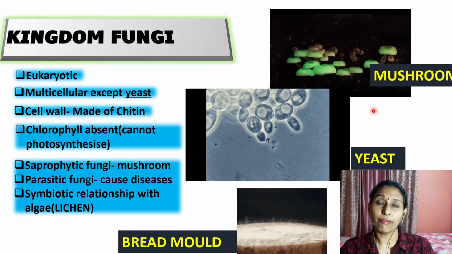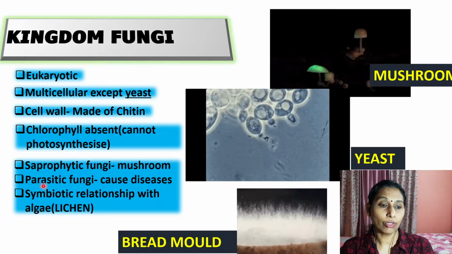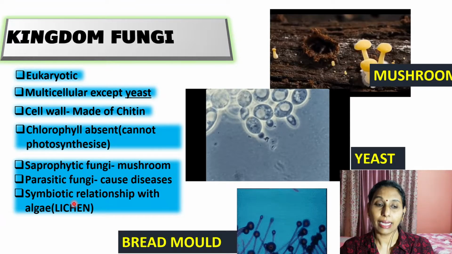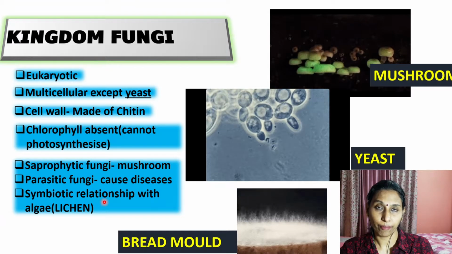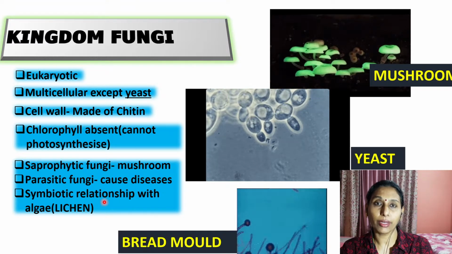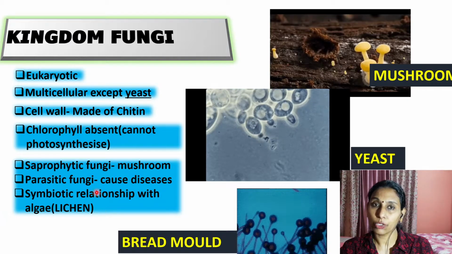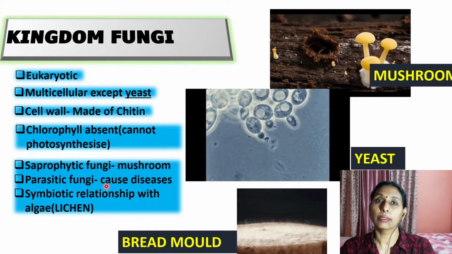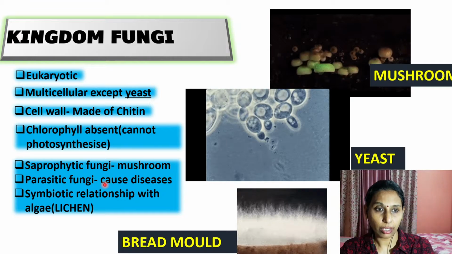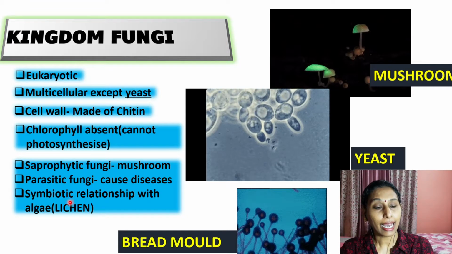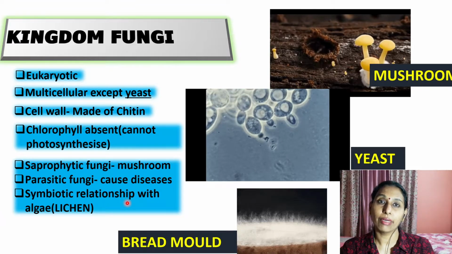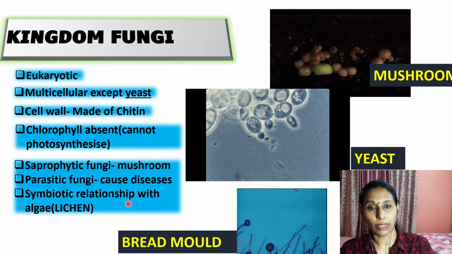There are some fungi which can cause diseases, and so they are called parasitic fungi. And there are fungi which can form a relationship with algae, and that is called lichen, a symbiotic relationship. So if you talk about the nutrition of kingdom Fungi, there are saprophytic fungi, parasitic fungi, and also fungi having a symbiotic relationship. Okay.